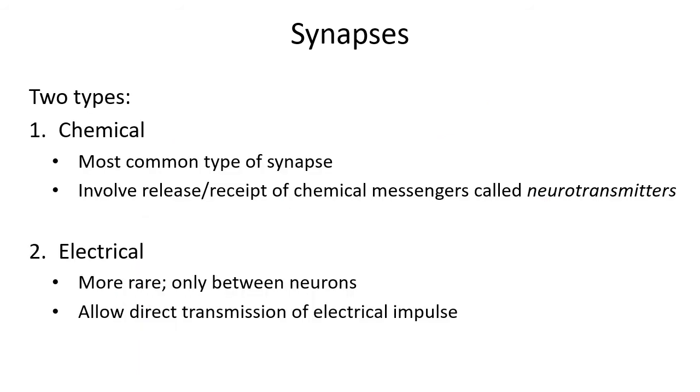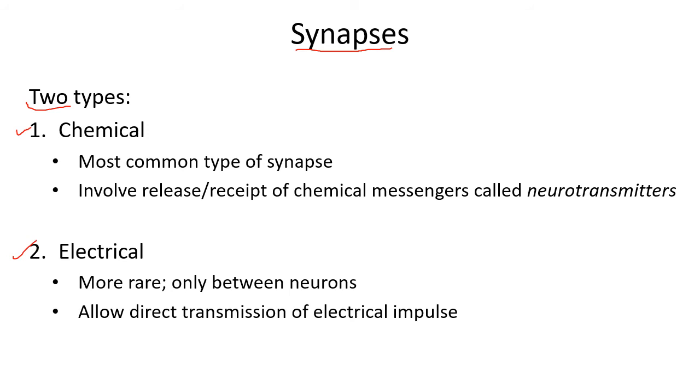All right, so I mentioned before there are two types of synapses. There's the chemical and an electrical. So chemical is really the most common type. You really only see electrical synapses in a developing fetus while they are still developing, and then eventually they will convert to the chemical type.